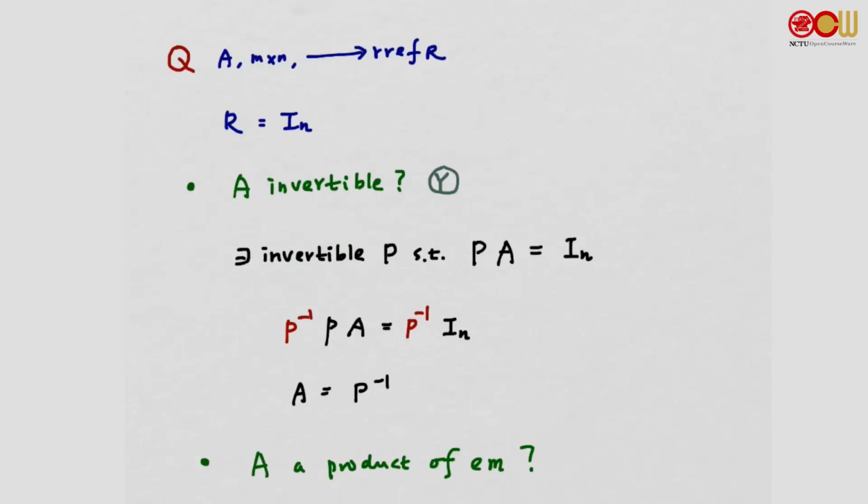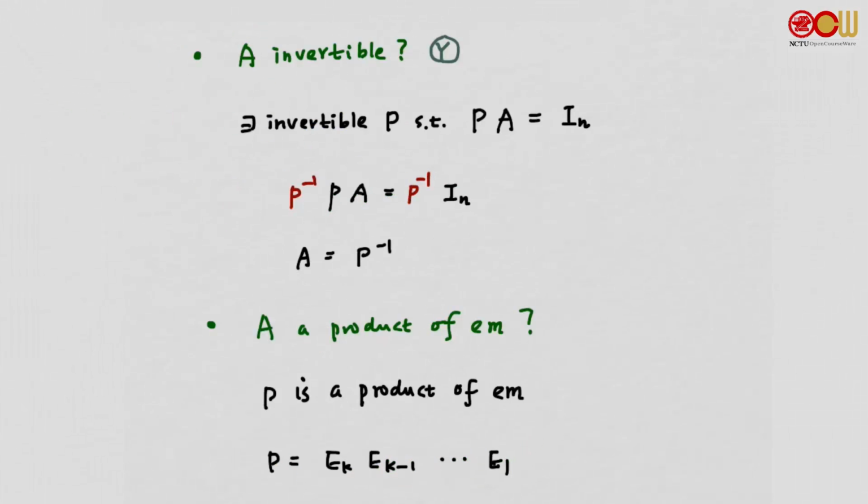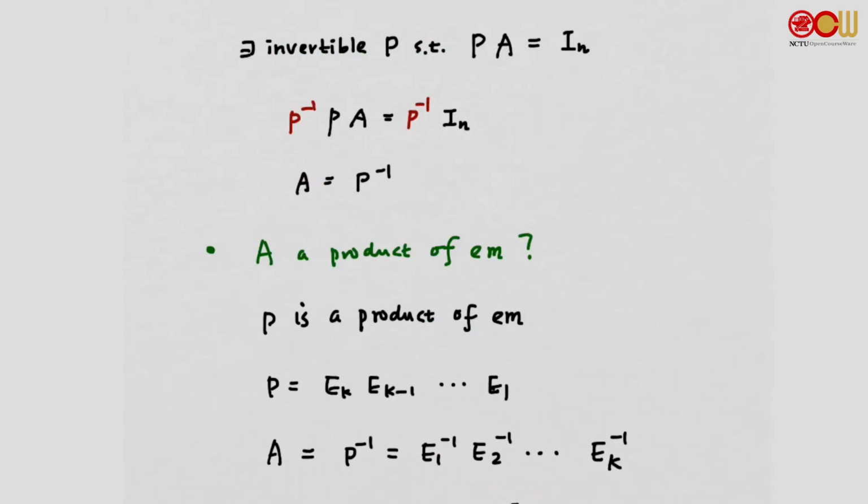Continue on the same question. We already know that A is invertible, right? Is A a product of elementary matrices? Pause and think. Ready? We already know that A is equal to P inverse. So the question is whether P inverse is a product of elementary matrices. We also know P itself is a product of elementary matrices. We can write P like so, and A is P inverse.